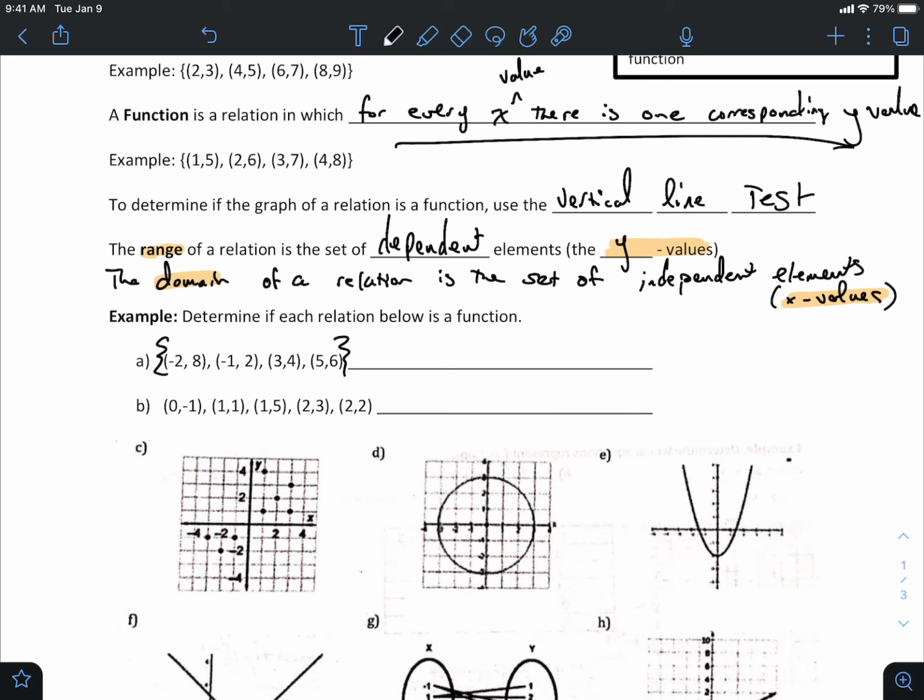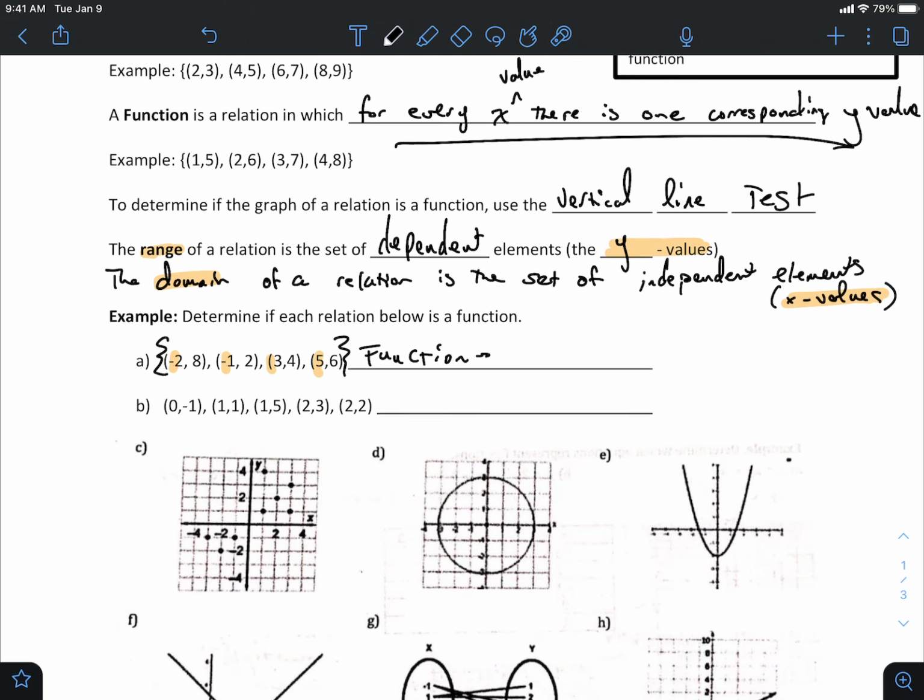It's when you start seeing the same x value appearing in an ordered set, and then having multiple y's. That's your clue that it's not a function in that instance, right? So this one here appears to look like, okay, well, I don't have any repeats in the x values, so this one must be a function, right?